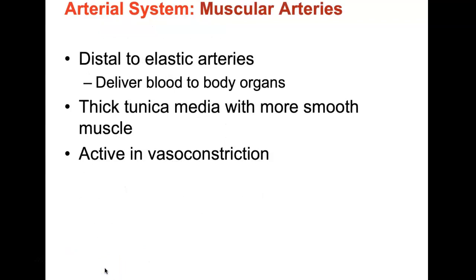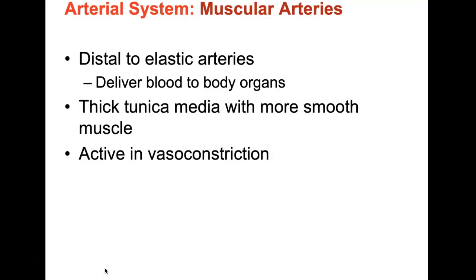Let's move over to the muscular arteries next, which are going to deliver blood to specific body organs. Sometimes we refer to these muscular arteries as distributing arteries because they account for most of the named arteries studied in our anatomy lab. Their internal diameter ranges from that of the little finger to about the width of a pencil lead.